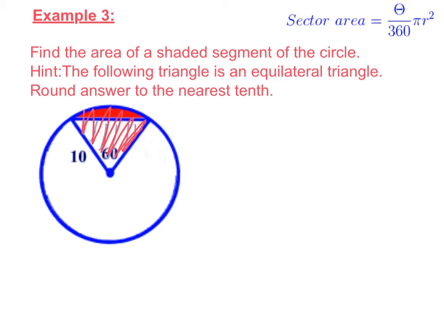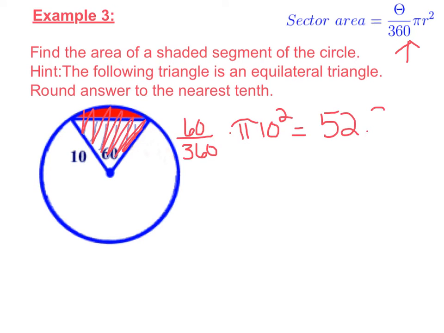Okay, so that's just going back and using this formula in the top right-hand corner. So 60 over 360 times pi 10 squared. I'm going to round to the nearest hundredth just for this case. So 52.36.